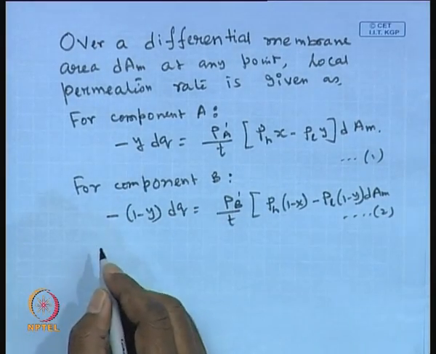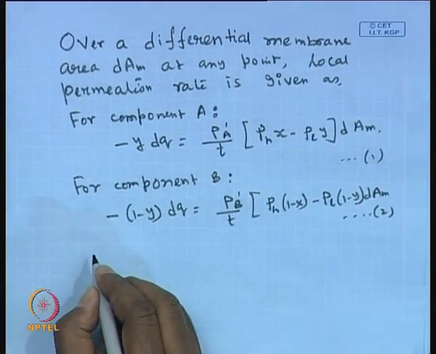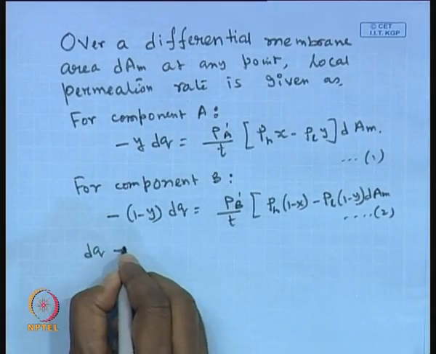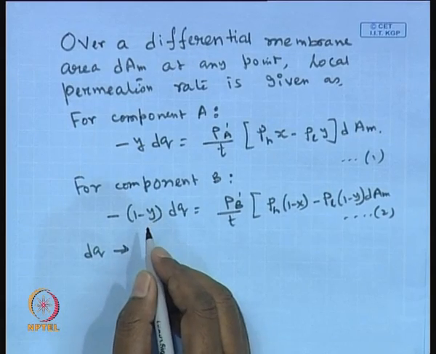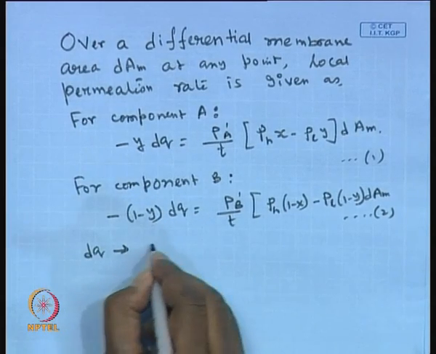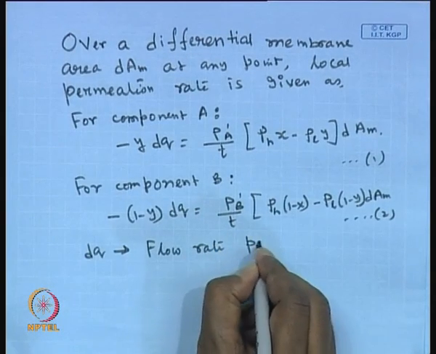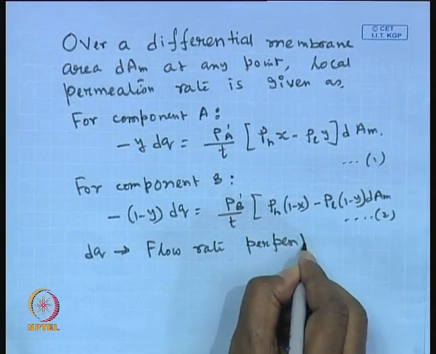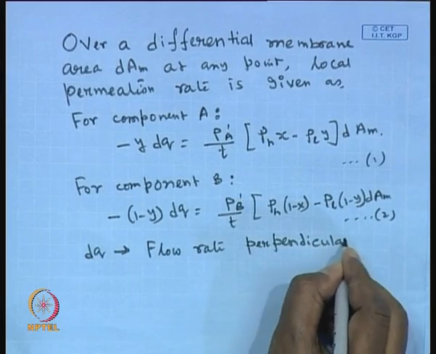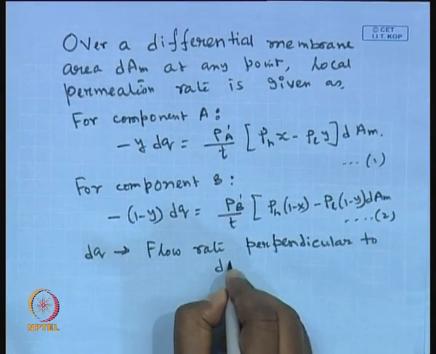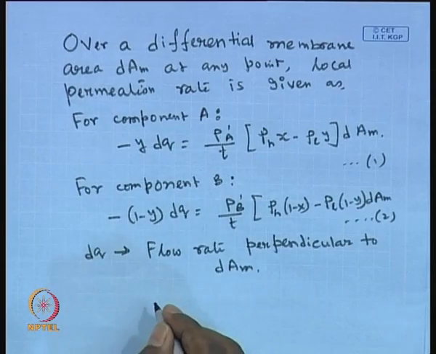Now, what is dq? dq is the total flow rate perpendicular to the differential element dAm.